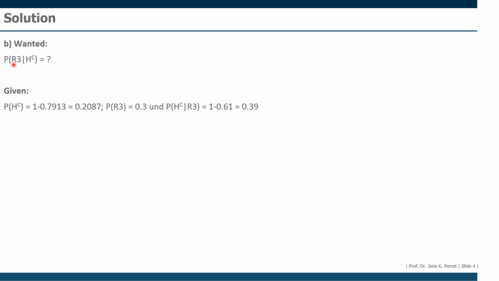Why? Because theorem of Bayes is a good tool to use if we have one conditional probability and are looking for a conditional probability where these 2 events are just switched. And that's actually the case here. And we just need the total probabilities for the 2 events, which we also have here, and we can simply use theorem of Bayes. How does this look like?